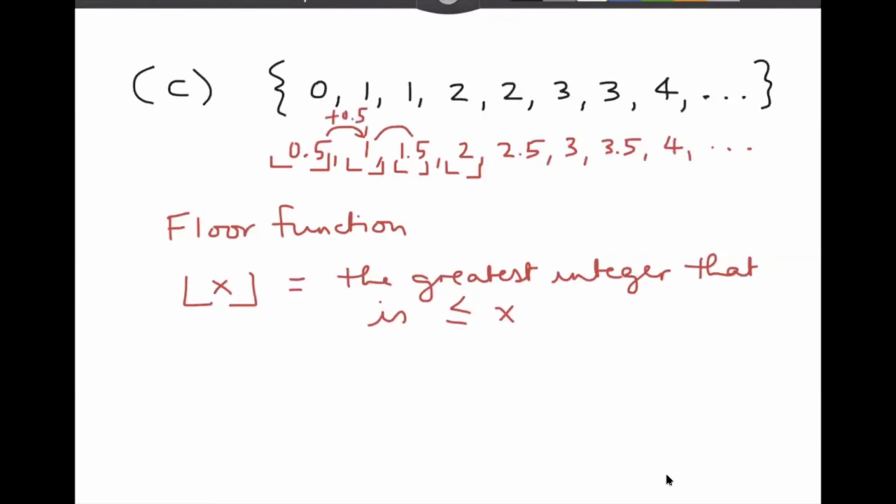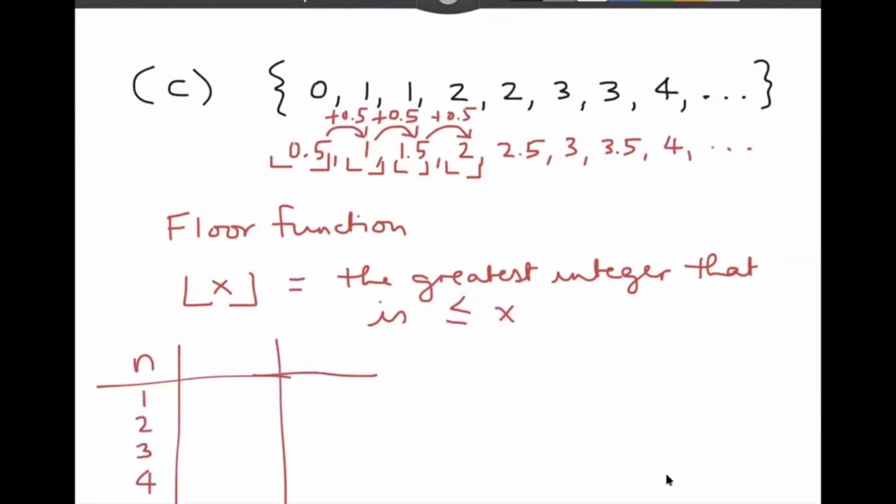So I'm going to use a similar trick to what I did to get the numerators in the last problem. I'm going to make a little table. So when n is 1, 2, 3, 4, I'm going to leave that column blank. And to make the numbers go up by 0.5, let me start with 0.5n.